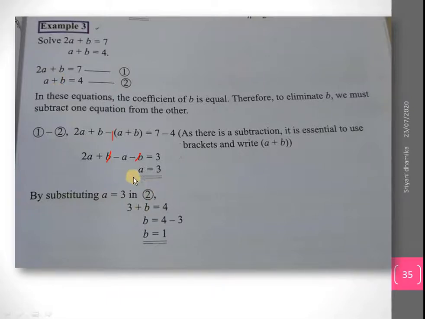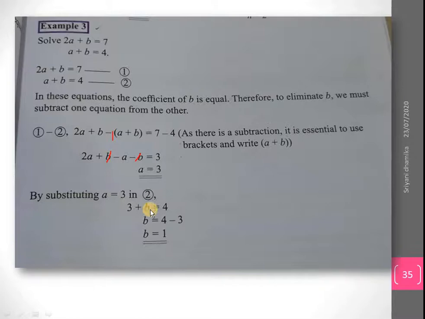Now how do you find the value of b? Already we know the value of a is 3. So substituting the value of a in the second equation. The second equation is a plus b equal 4. We can substitute this value in the first equation or the second equation, but it is easier when we substitute the value of a in the second equation.